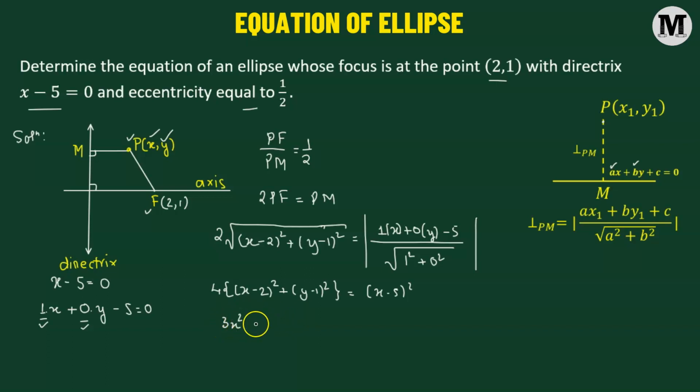So we have 3x squared plus 4y squared minus 6x minus 8y minus 5 equals 0, and this is the required equation of the ellipse, with the condition that the focus is at the point (2, 1) and the directrix and eccentricity are also known.